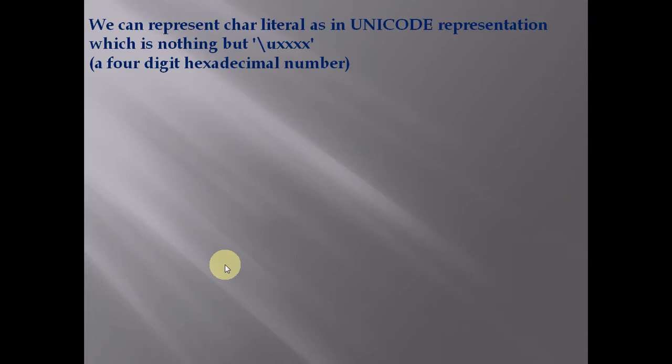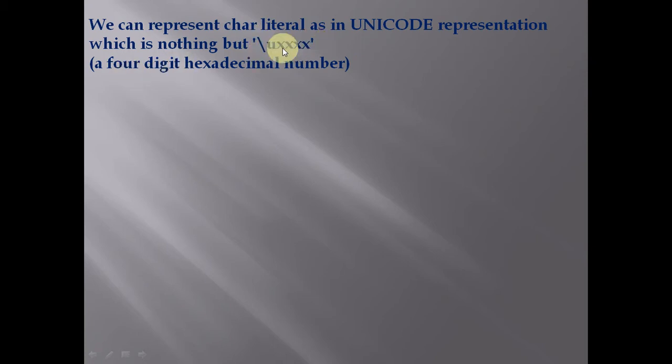Now we can represent a char literal in Unicode representation. So what is the Unicode representation? The representation which is shown like this is a Unicode representation. That is a single quote followed by a backslash, then u, then XXXX, and then the closing single quote.